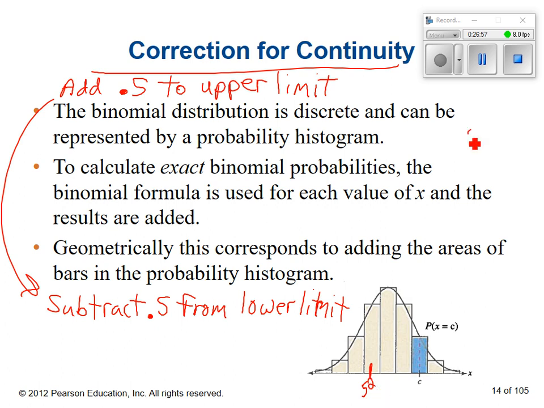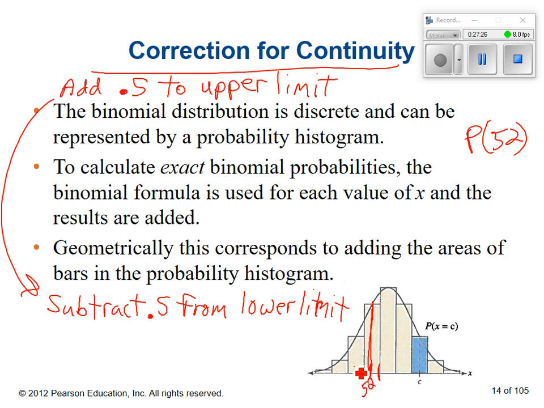And we want to find the probability of 52 occurring. If we find the probability of just exactly right there where 52 is, guess what it's always going to be? 0. Because there is no area for that line right there. All right? So we don't want to find the probability of 52.